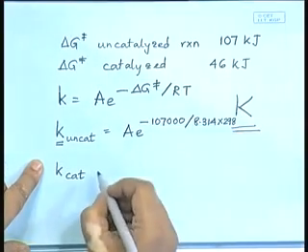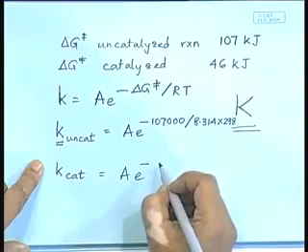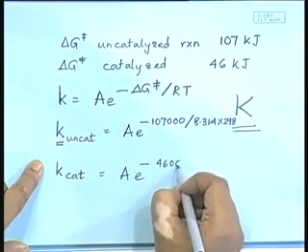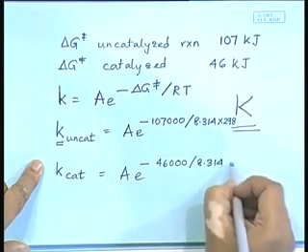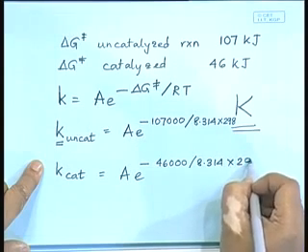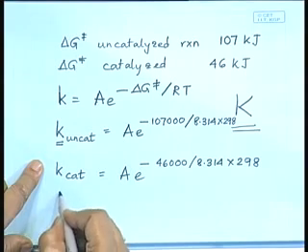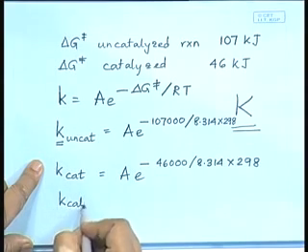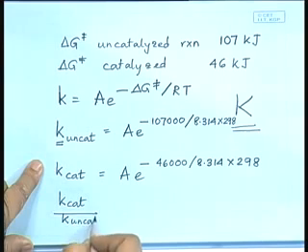Fine. What about my catalyzed reaction? A, e to the minus 46,000 over 8.314, remember to use the right R also, times 298. So, I can find out how the rate has increased for the catalyzed reaction as compared to the uncatalyzed reaction.